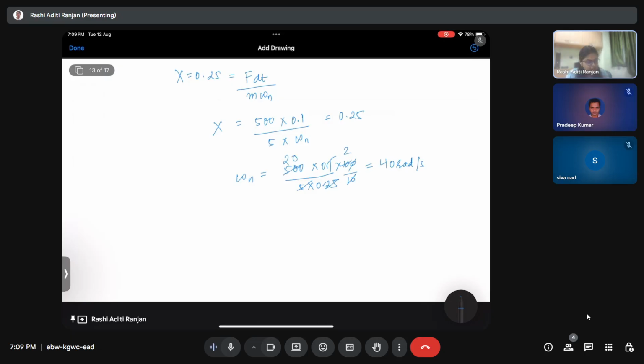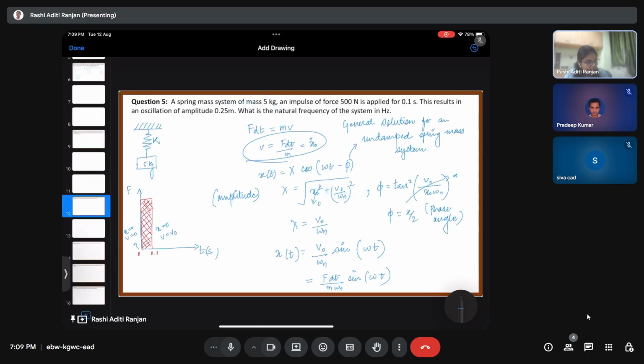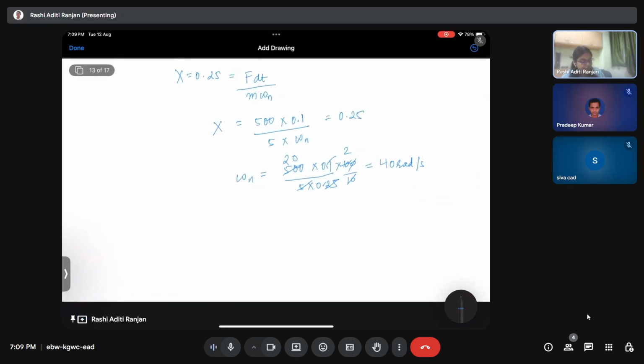Okay, but I think in the question it is given that we have to evaluate the natural frequency of the system in hertz. So we have a very simple relation. Omega n is equal to 2 pi f, where omega n is in radians per second and f is in hertz, which is 1 by time.